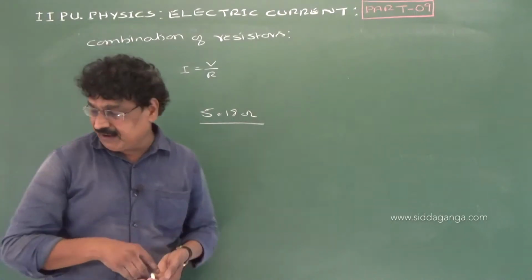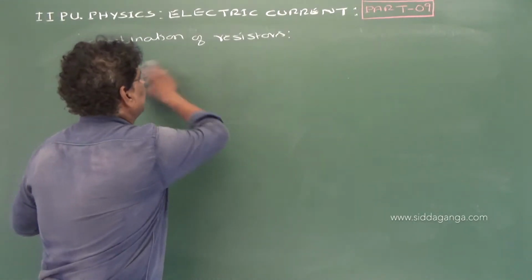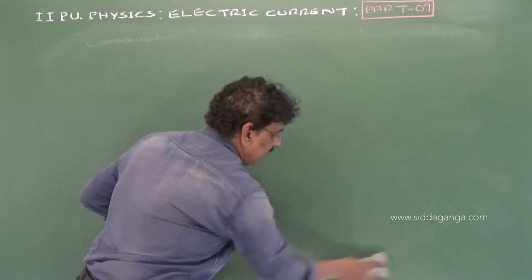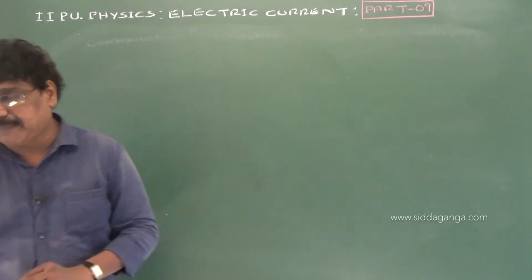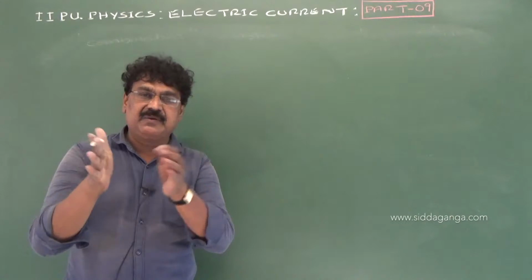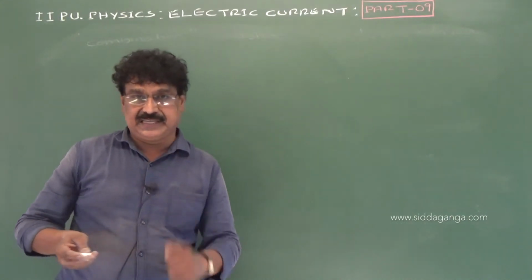Now in a similar way, how we have found effective capacitance of capacitors in series and effective capacitance of capacitors in parallel, we can find the effective resistance when resistors are connected in series, right?